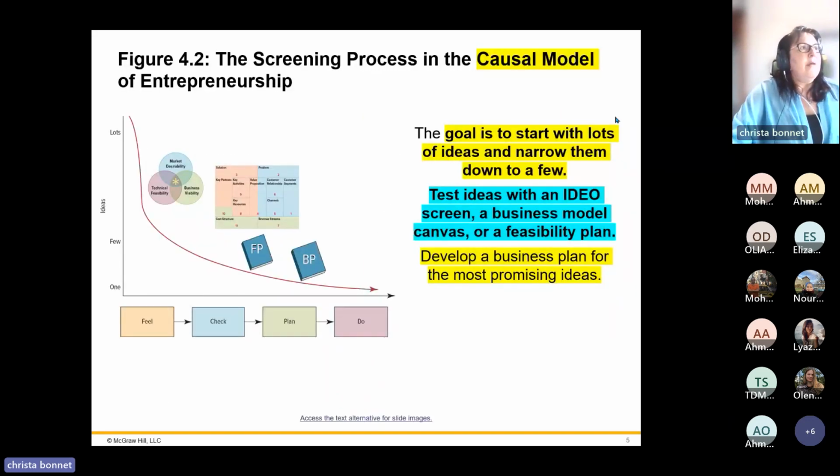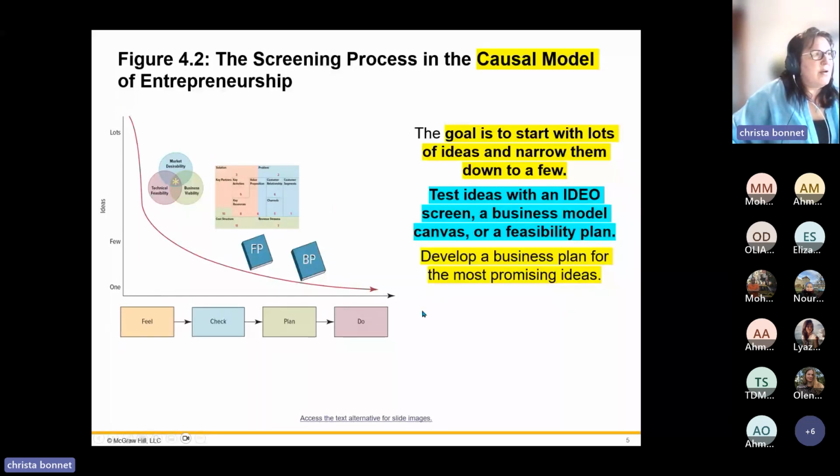Okay. Then a little more on the causal model. There you'll see on the left, they recommend that we use the business model canvas, so that you just know what I refer to.